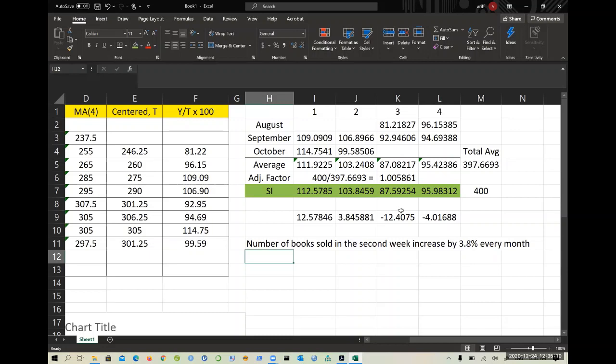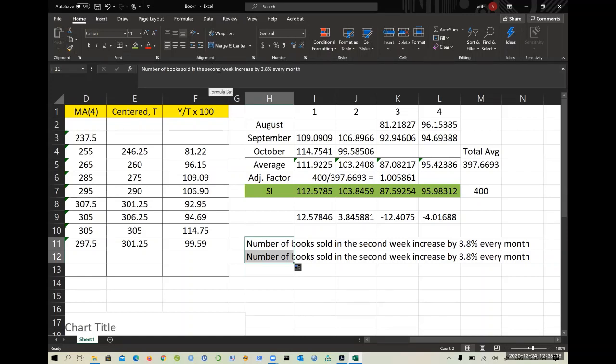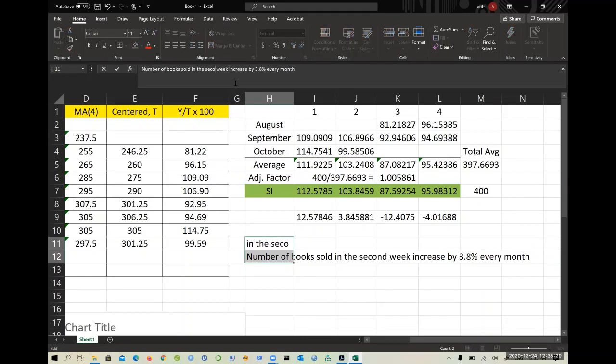Kalau untuk yang the third week pula, the fourth week pula, I just cover this one. Okay, saya ubah saja kat sini. So number of books sold in the fourth week. So right now it is decrease, right? Sebab apa? Sebab nilai dia adalah negative. By how much?